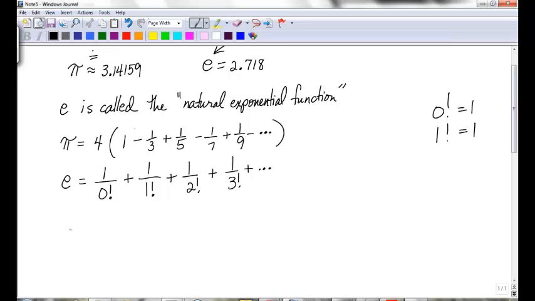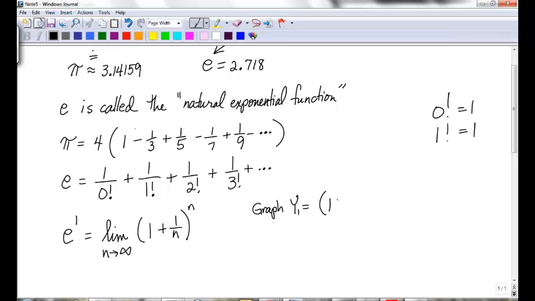Okay. e to the first is also written as a limit. In the history of math, it's 1 plus 1 over n, that quantity to the n power, as n goes to infinity. And let's graph this in y sub 1. In y sub 1, graph 1 plus, we're going to put in an x instead of an n.